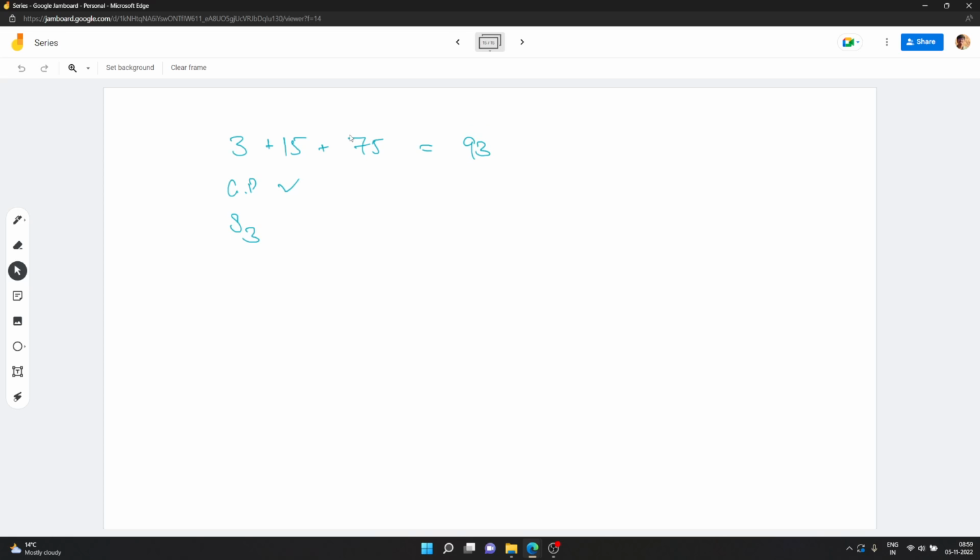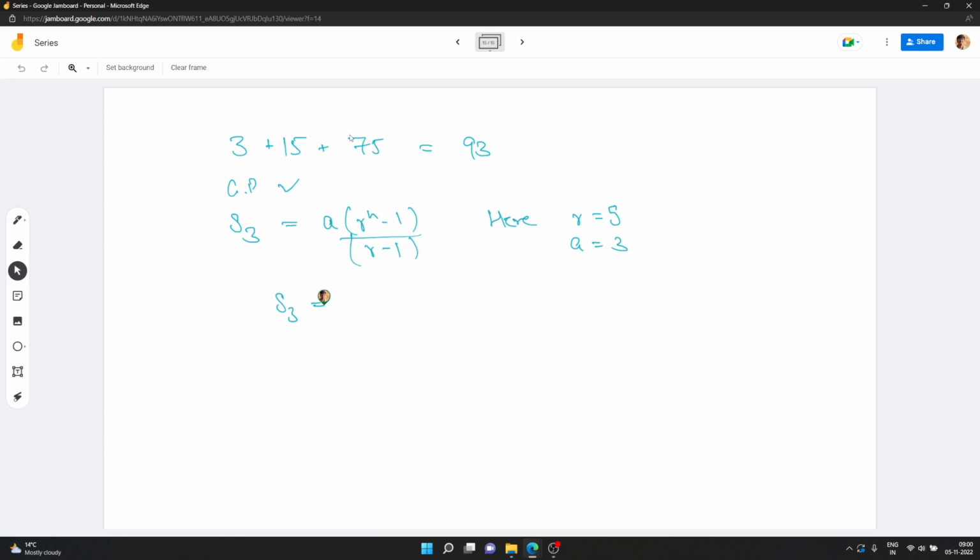So what we want to find is S3. For that, we know that the formula is a times r power n minus 1 by r minus 1. Here r is equal to 5 and a is equal to 3, right? So let's try to find what S3 looks like.